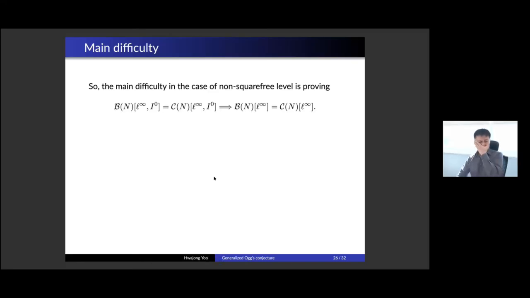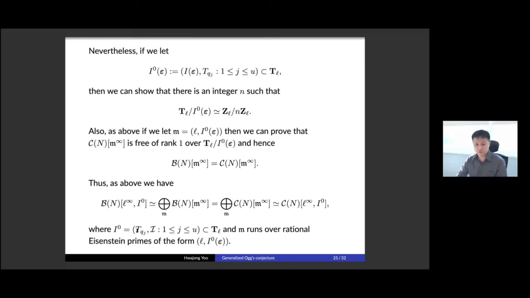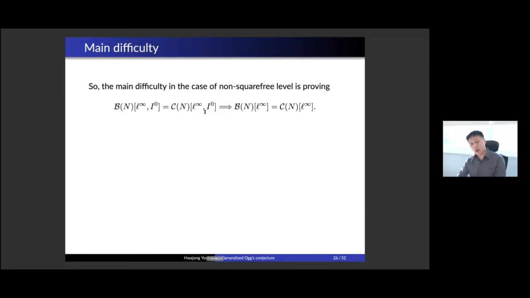However, the main difficulty comes from how to obtain this result from this one. This one is annihilated by T_{Q_j}. So how to obtain this simplification? That's the main difficulty in the problem.